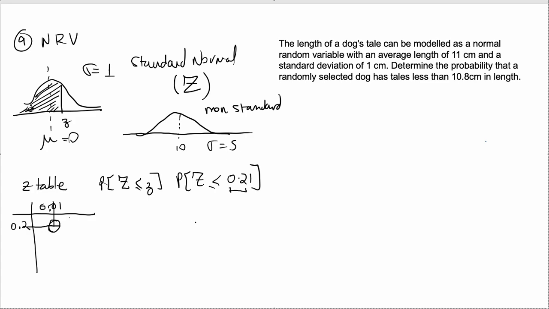So if that's the case, and you need the probability, this is not z, this is a variable x. It's a non-standard normal. How can I find the area under the curve? We saw a procedure for that called standardization.